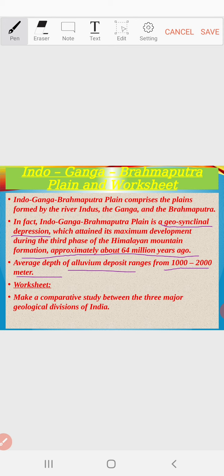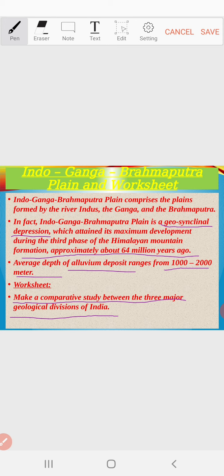Now I have given one question to do as a worksheet. What is the question? Make a comparative study between the three major geological divisions, and write the answer in tabular form, giving the proper basis or criteria of the comparative study. For example, the first criterion can be the formation, how it is formed.